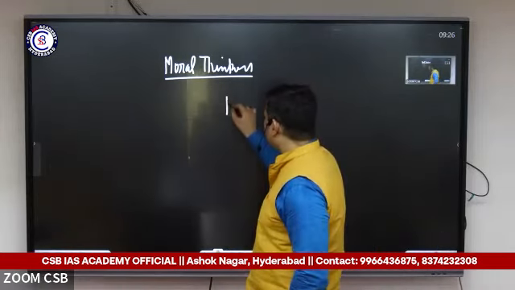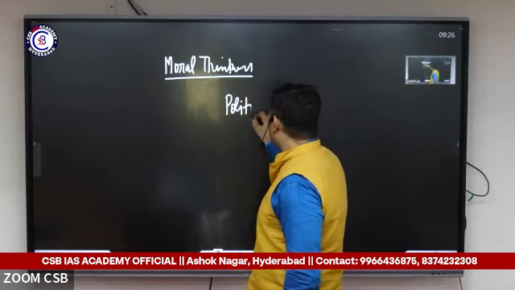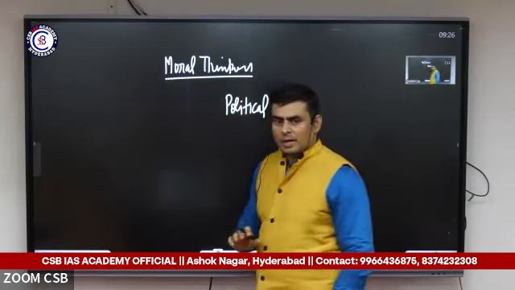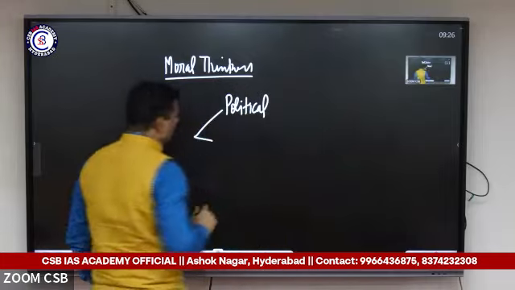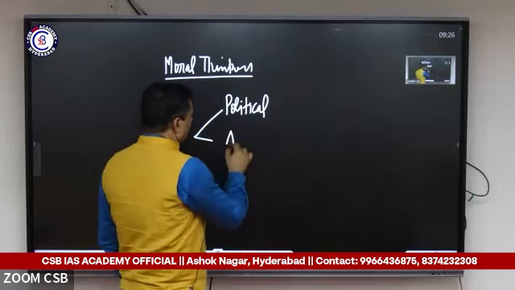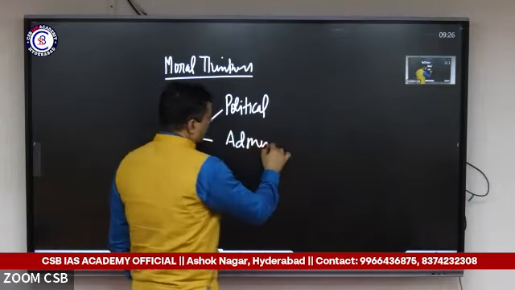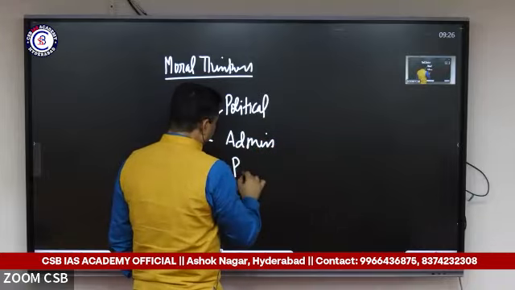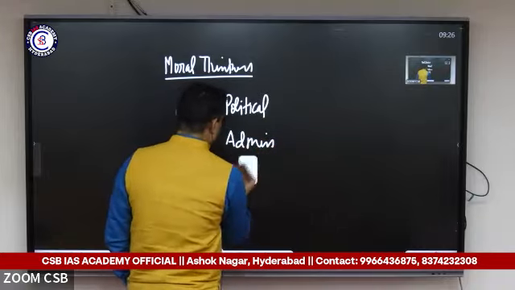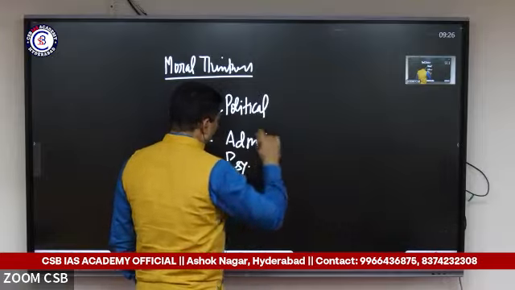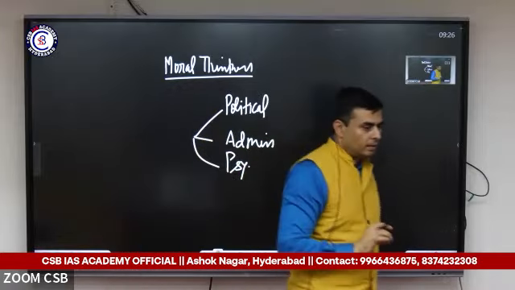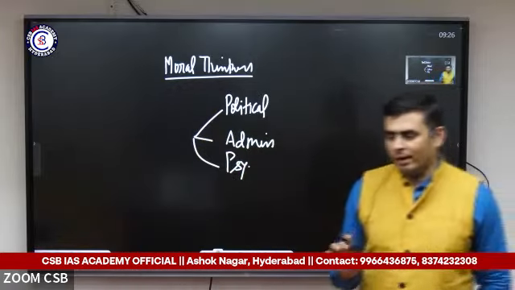One is the political dimension. Apart from the political dimension, one more is the administrative dimension. And the other is the psychology dimension.